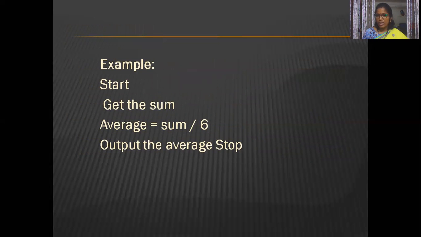It's an input. Average equals sum divided by 6. It's a process. Output the average, stop. Actually, the stop should come down. So it's also an instruction which tells what to do, but it is not exactly convertible into programming instructions.